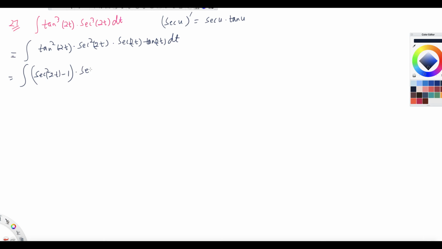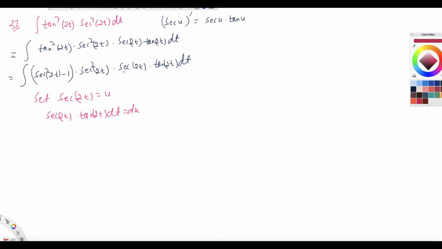Times secant square 2t times secant 2t times tangent 2t and then dt. Okay, so set secant 2t equals u. Then what is the derivative? Secant 2t times tangent 2t and then dt will be du.